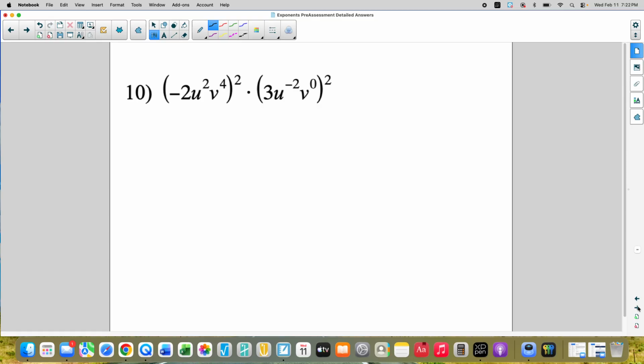All right, number 10. We've got 2 distributions, so I'm going to distribute this separately to this. So that's going to get distributed to these 3 things. This is going to get distributed to these 3 things.